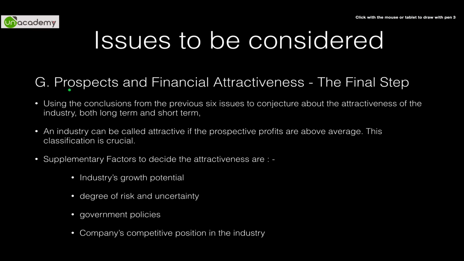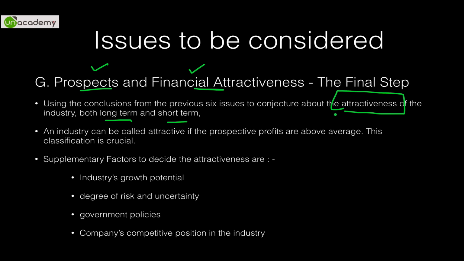The final step. What will be the prospect? What will be the financial attractiveness of this issue or of our own company in terms of competition? Using the conclusions from the previous issues to conjecture about the attractiveness of the industry, both in the long term and short term.